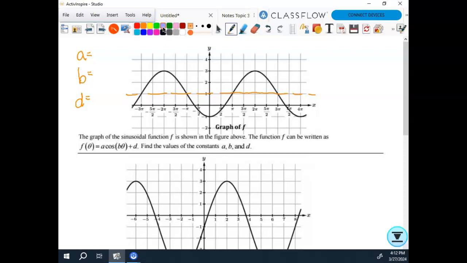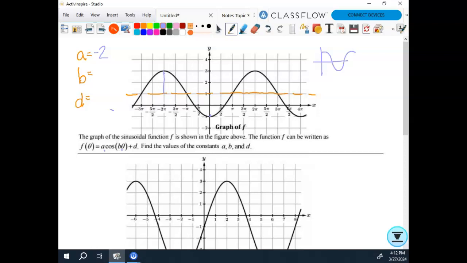So here, A is my amplitude, going from 1 to 3, so that is 2. But we are not shifting left and right, correct? And this is supposed to be cosine. My parent function for cosine looks like this. And when I start, since I'm not shifting left or right, I'm starting down here actually, so this has been reflected, so this would have to be a -2.